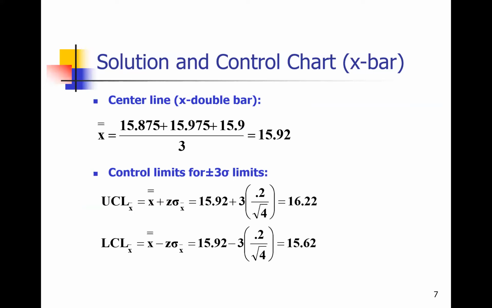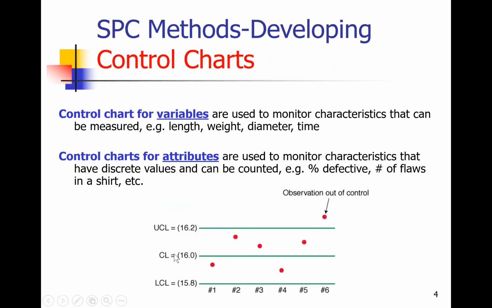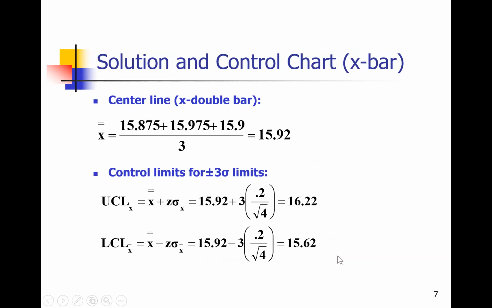Okay, calculations are given here. The average X double bar, the central line, is 15.92. In the control chart, this line is the average of the sample averages.